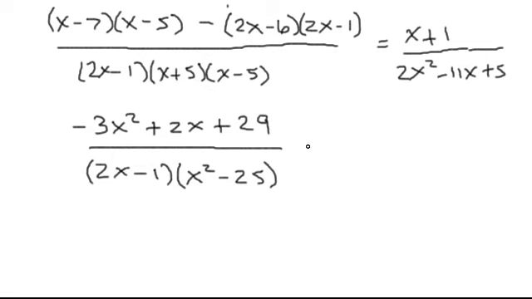Multiplying this piece out here. And then we have x plus 1 over still 2x squared minus 11x plus 5.